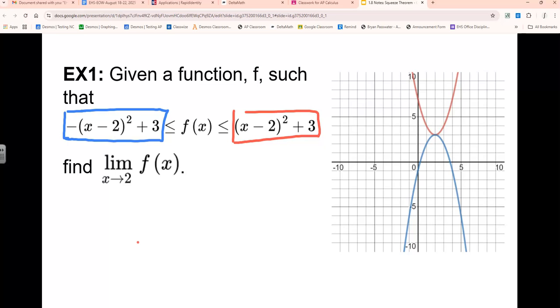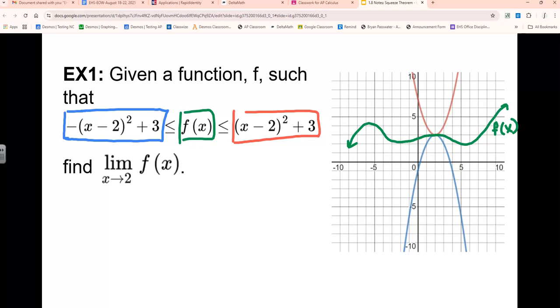And they're telling me that f of x, which I'm going to use green for, is between these two. I have no idea what f of x is or what it looks like, but for it to be between these two, it could do anything in the world over here, but right here, it's got to squeeze right through that little spot right there, right? That is my f of x.